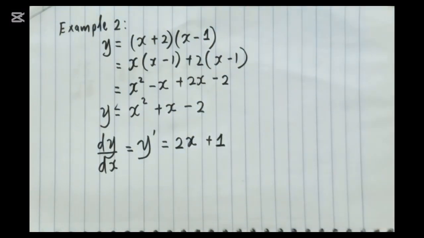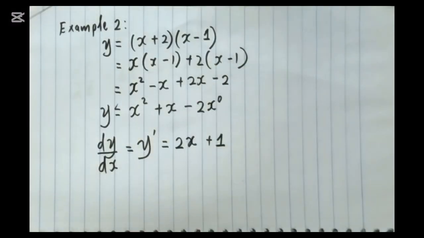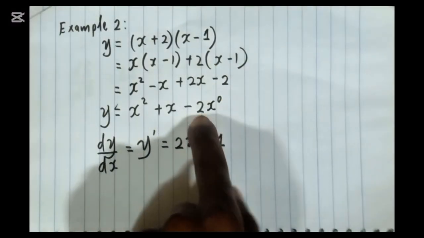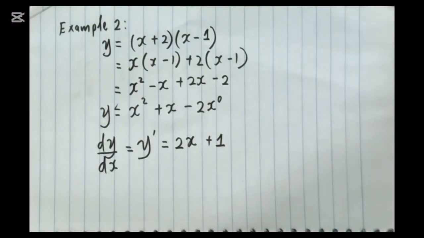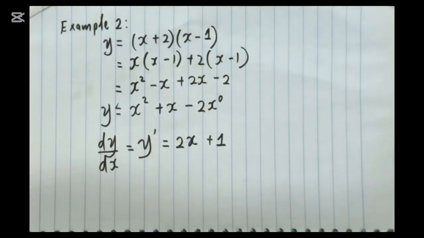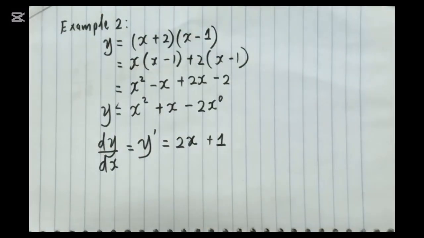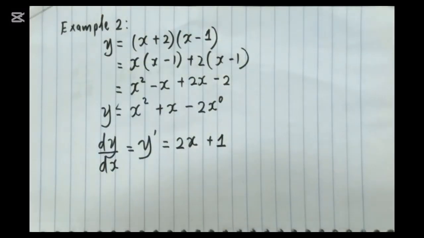We've not written it, but we always assume that we have x raised to 0. So the derivative of any constant, number or coefficient is always equal to 0. So in this particular case, the derivative of this function will be 2x plus 1.